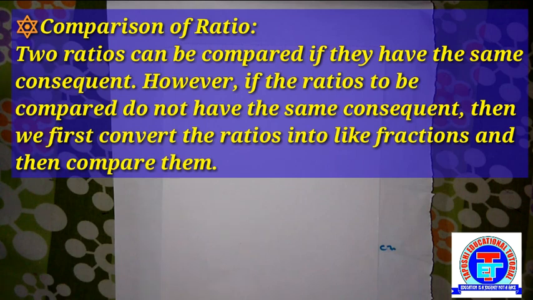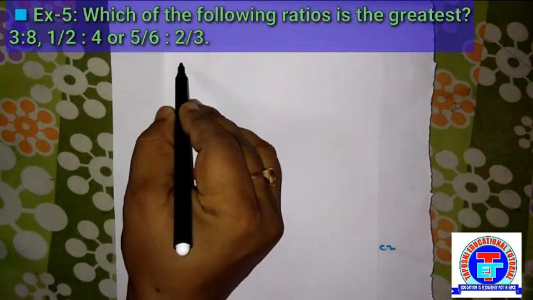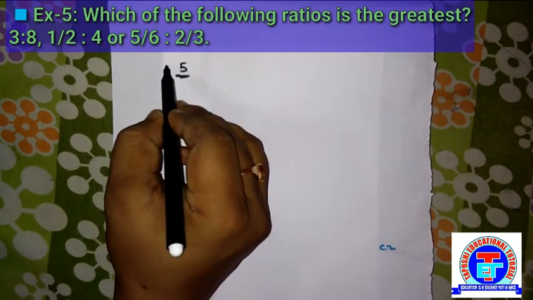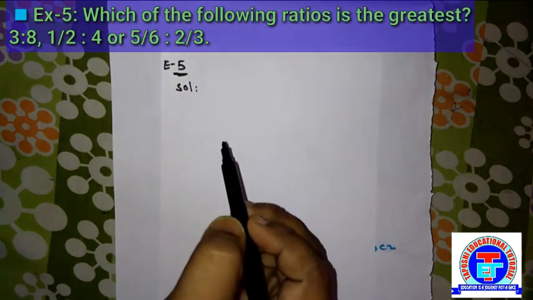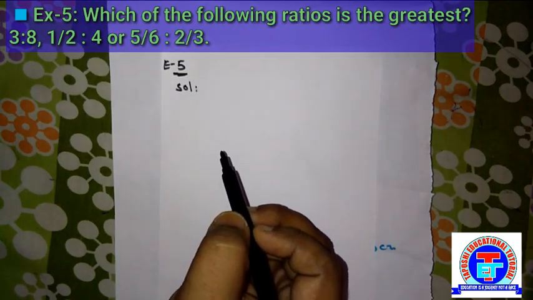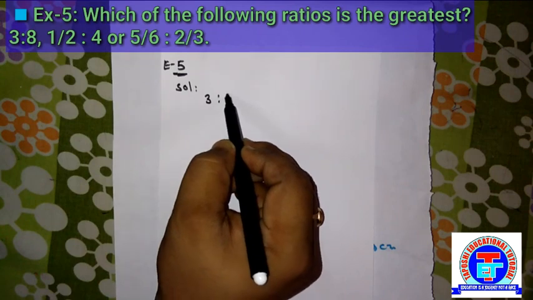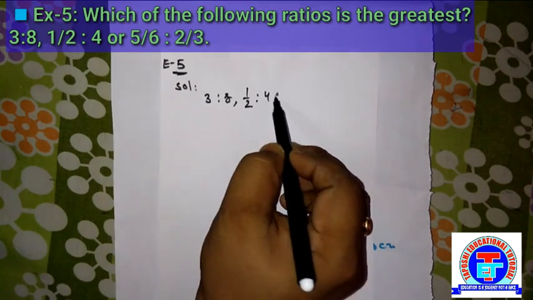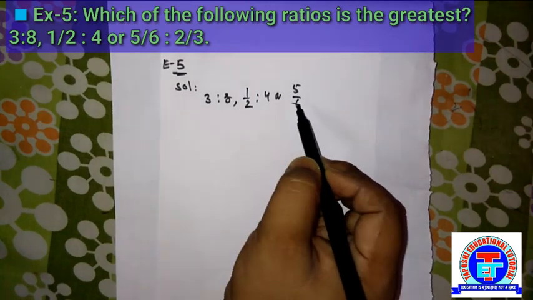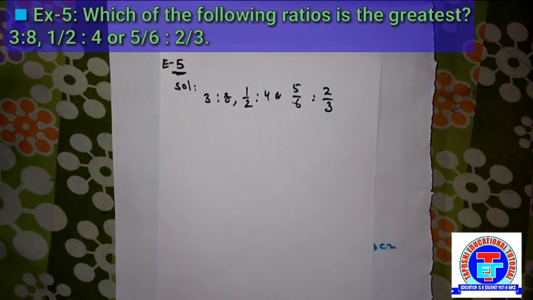Now, which of the following ratios is the greatest? Example number 5. Solution: given the ratios 3 is to 8, 1 by 2 is to 4, or 5 by 6 is to 2 by 3, correct?